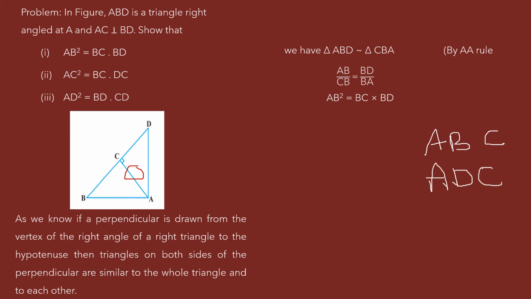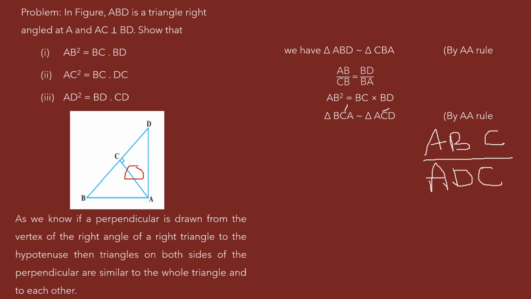Now, triangle BCA is similar to triangle ACD by AA rule again, because the right angle is in the middle.